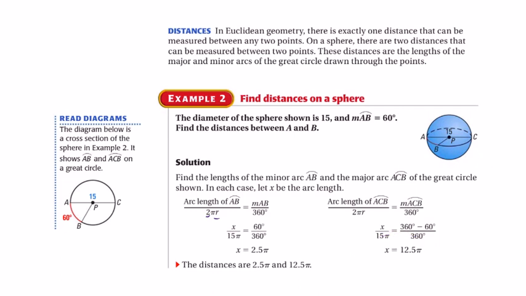And another way to find it, if this is the measure of just this piece right here of the minor arc, and our entire circumference is 15 pi, we could take that 2.5 pi away from 15 pi to find that 12.5 pi for the major arc.